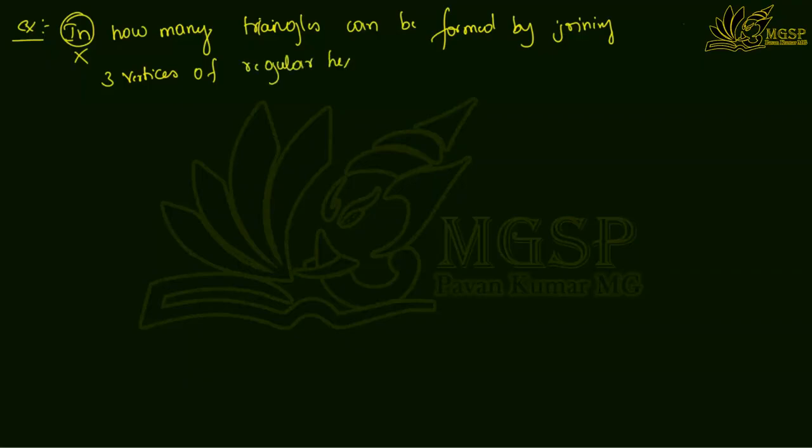So this is the case. Now construct a hexagon. Hexagon means six faces, like a benzene ring. I will join these. They are asking you to find the number of triangles that can be constructed using this hexagon.